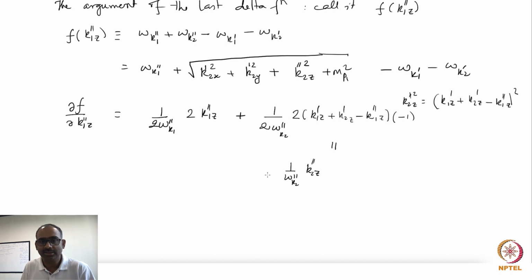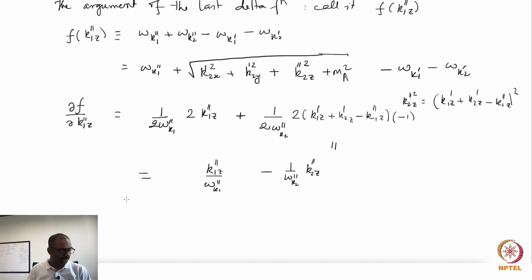There is a minus sign here, and this one gives k1 double prime z over omega k1 double prime. So, 1 over the modulus of this thing goes into the Jacobian.